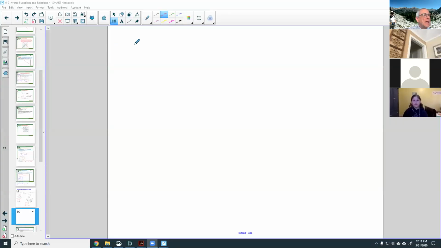If I have, for example, x cubed and I wanted to get x all by itself, what would you do? Take the cube root. That's exactly what I would do. I take the cube root and then I would get x all by itself, right? Are you with me?